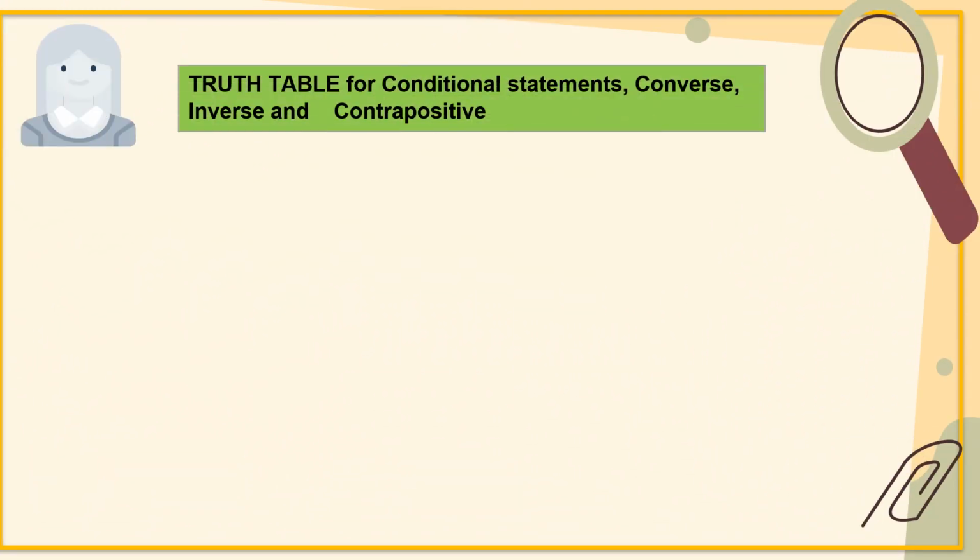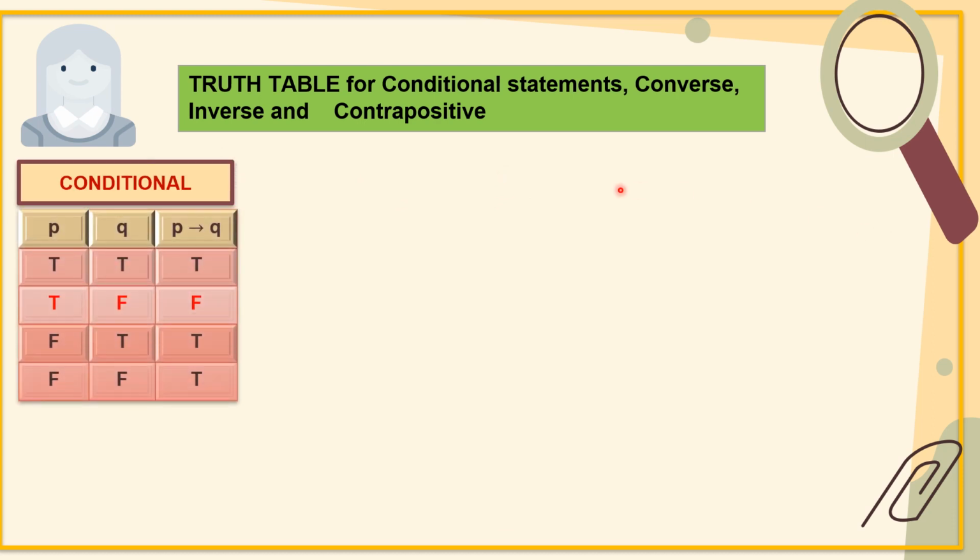So, let us have the truth table for conditional statements, converse, inverse, and contrapositive. For the conditional statements, we have P implies Q, where P is the hypothesis and Q is the conclusion. If the hypothesis is true and the conclusion is true, then the statement is true.